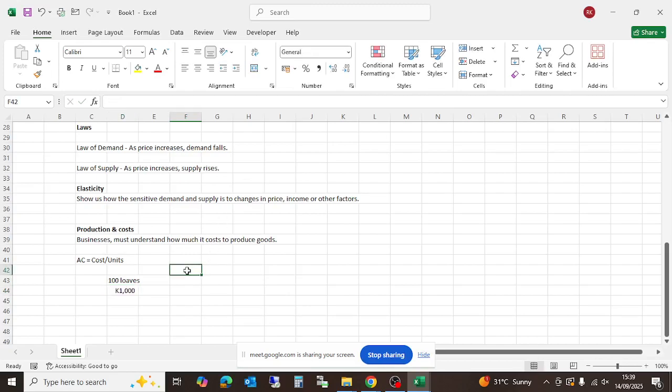So to find the AC, which is the average cost, it will be 1000 divided by 100, giving me 10 kwacha as the average cost. For the total cost, we just have to understand the type of cost, whether it's a fixed cost or a variable cost, and when we add the two, it gives us the total cost.